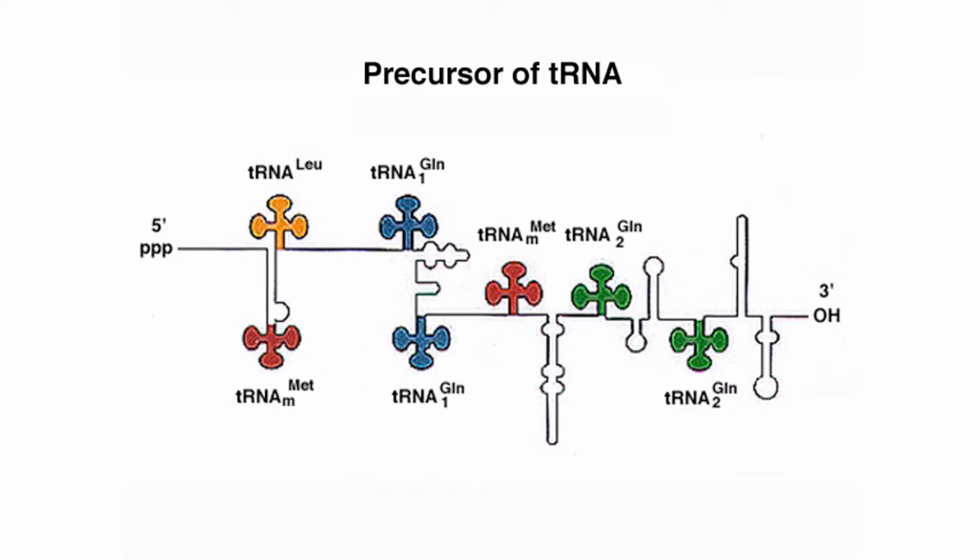The individual tRNAs are excised from the transcript. The extra or non-functional RNA is just released. Also, as I mentioned a moment ago, the CCA nucleotides at the 3' end are not part of the initial transcript, so these must also be added by a post-transcriptional mechanism that we won't be looking at.